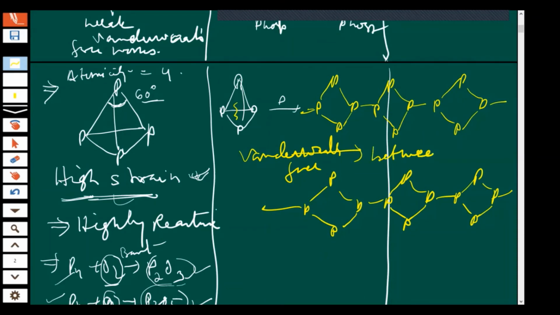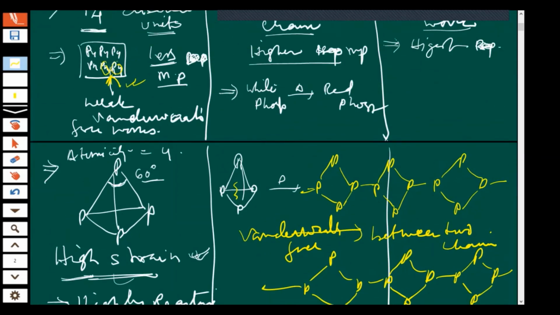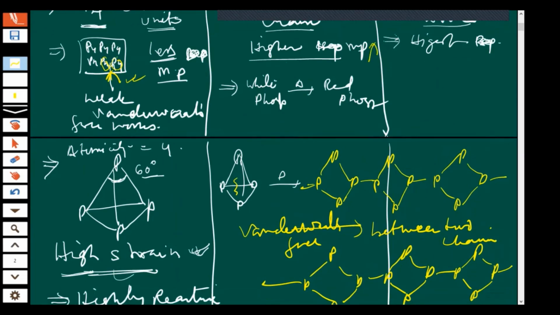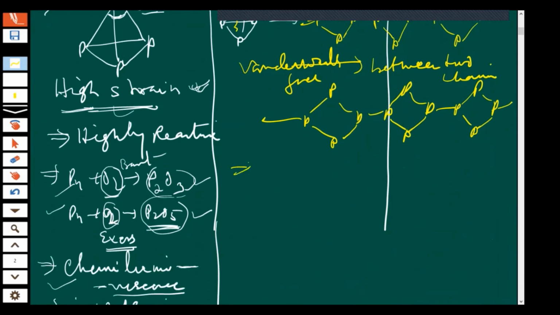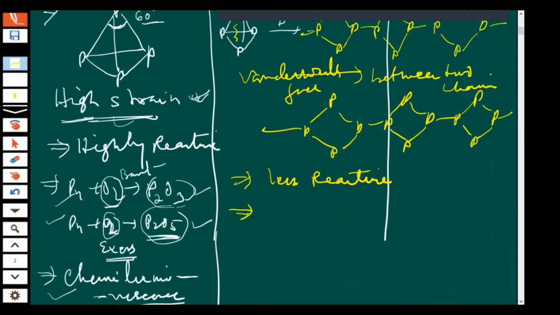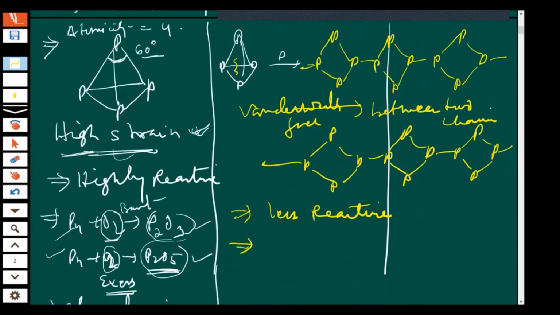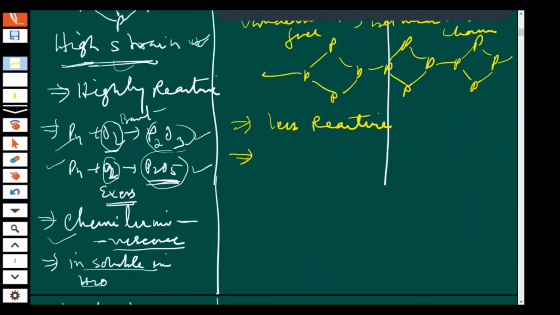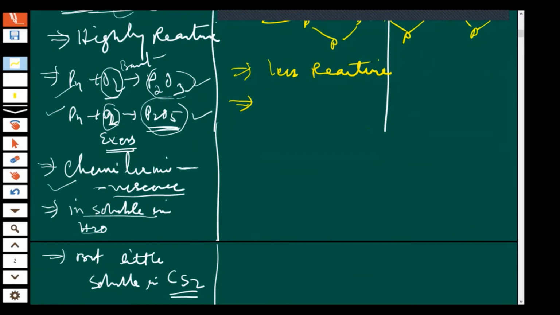Between two chains. Got my point? So here van der Waals force is more. So that's why melting point is higher than white phosphorus, and that is why it is less reactive also. Why? Because it is somewhat more stable than white phosphorus. Now the angle is not 60 degrees. Because of the cleavage of this bond, now the angle is also a little bit in relaxation mode.